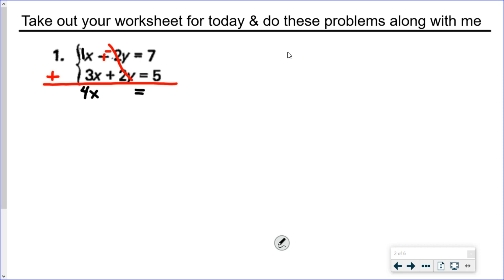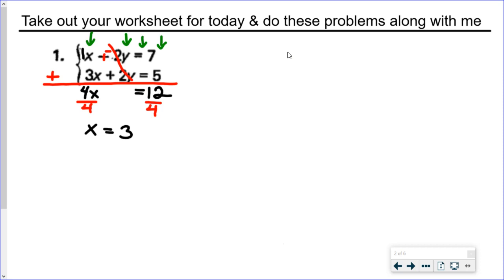They all have to line up, x's, y's, and the equal sign, and that gives me 12. So again, you have to notice the x's line up on top of each other, the y's line up, and the equal signs and the constants, no variables. And now we just solve. So divide by 4, and you get x equals 3, which is awesome.